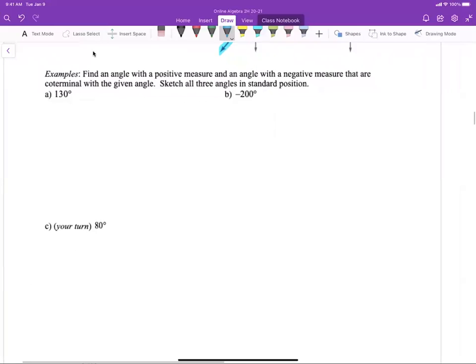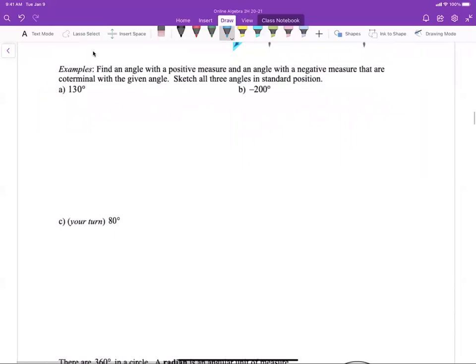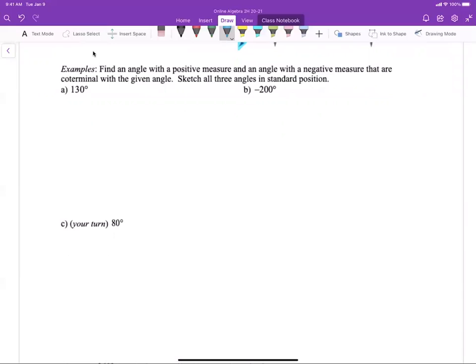Find an angle with a positive measure and an angle with a negative measure that are coterminal with the given angle. So let's see what we need to do here. First, I am going to go ahead and draw my angle 130 degrees.